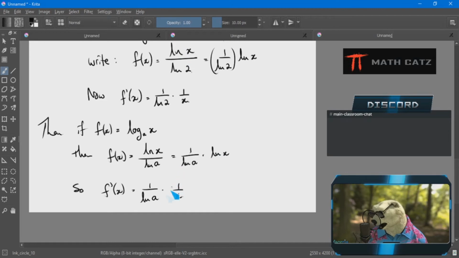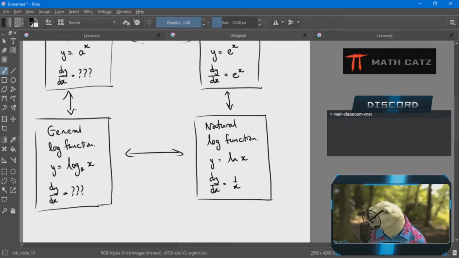So now you can memorize this as a formula. I choose not to because it has no benefit to me, but we can certainly now complete the general log box. 1 over natural log of a, 1 over x.